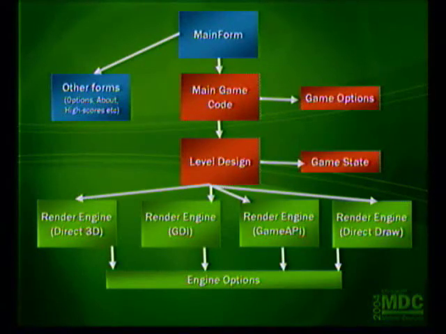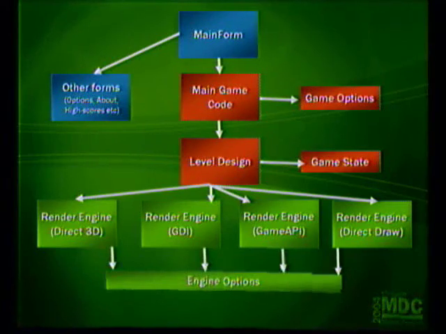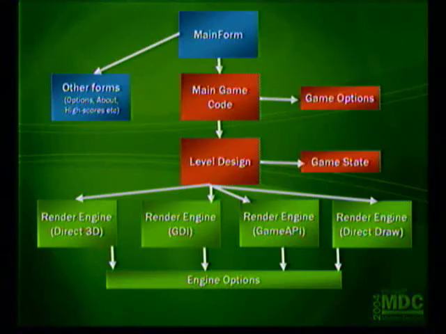You start your form, it shows the splash screen, it does the main loop, and from there the about, high score, option pages, everything that has to do with user input in a forms way will come from the main form class. These are also platform dependent. In the solution, you will see them in each of the solution directories as separate classes. They have the same names to make it easier, but they are separate classes.